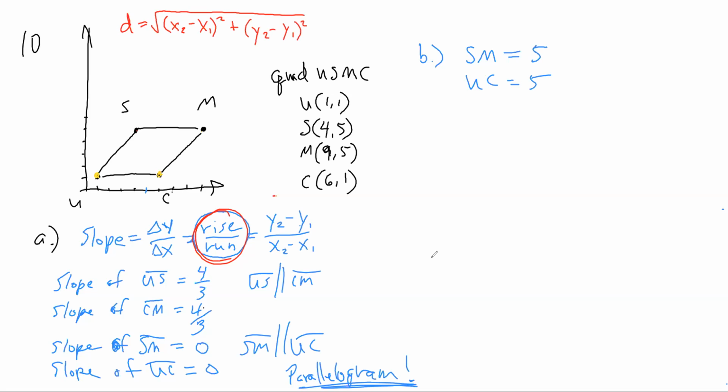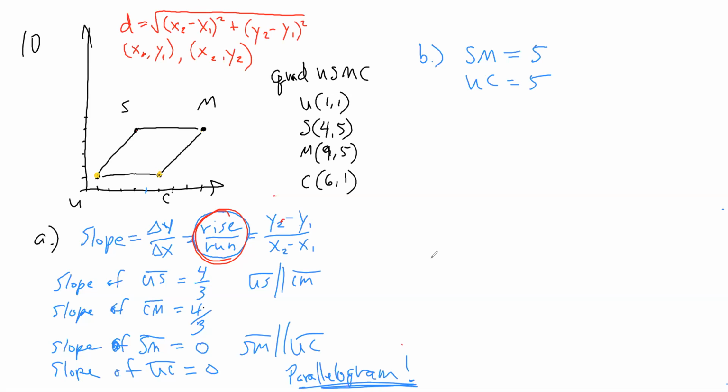That would be for one xy pair that is x1 comma y1, and the other xy pair being x2 comma y2. Those are the 2 points that would go into that formula.